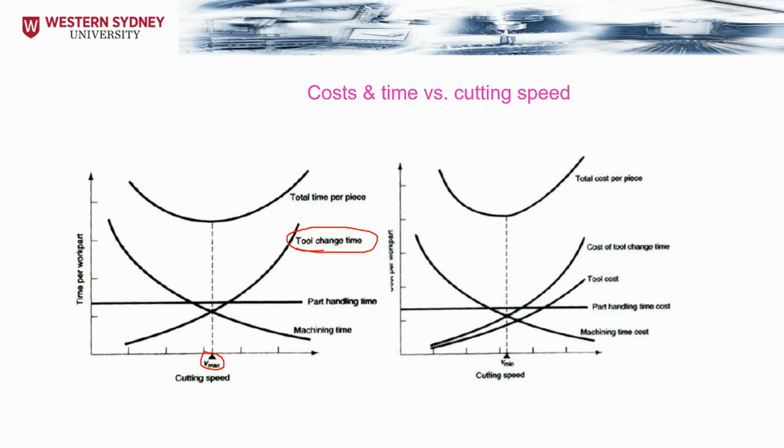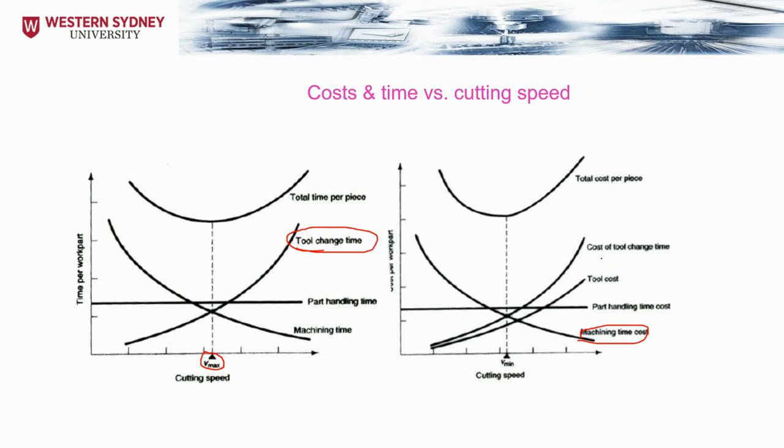Now, for the cutting speed regarding the cost per piece, in that case, we are looking for the velocity that's going to give the minimum cost for the machining. So the costs we have here are first the machining time cost, which is reduced as we increase the velocity because the machining time is reduced, as we mentioned earlier. Now, the part handling time cost is always constant, and the tool cost is increased as we increase the velocity because we need to change the tool more frequently.